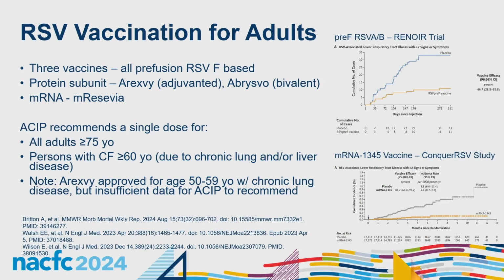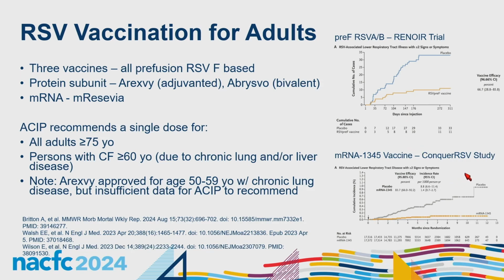In addition, 3 vaccines have been approved for RSV vaccination in adults, and they are all based on pre-fusion RSV-F protein. 2 of these are protein subunit vaccines, and 1 is an mRNA vaccine. Here the RENOIR trial, of a pre-fusion RSV A and B bivalent vaccine, showed vaccine efficacy of approximately 66% at preventing lower respiratory tract disease in older adults.